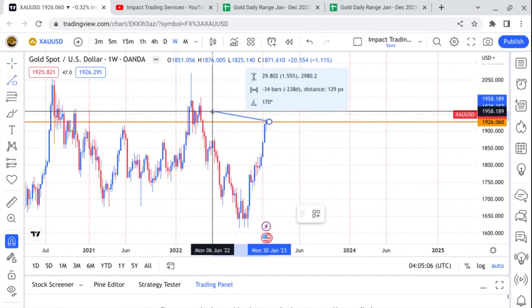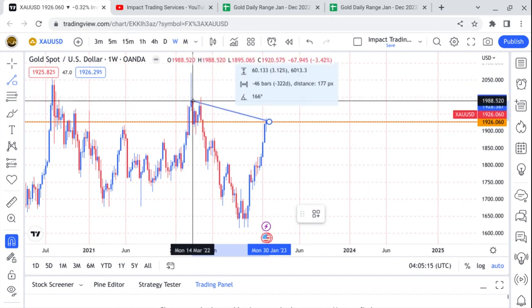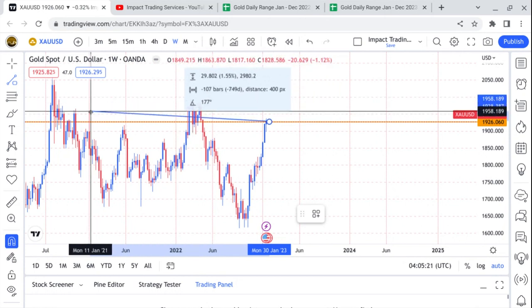So 4,000 pips, well, that's 3,700 puts us in the 1960 area. Extreme puts us in the 1980 area. 2,900 puts us in the 1950 area.